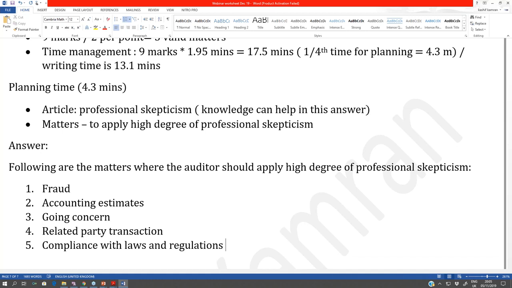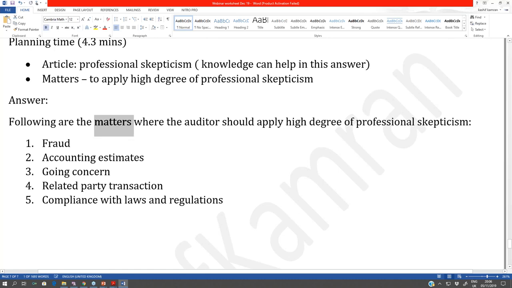But if you show intelligence and adapt your knowledge to the circumstances, that is wonderful. So do you all agree the answer I wrote in front of your screen is just the copy paste of the examiner answer? Right? So the matters I wrote here were just the copy paste of the examiner answer.